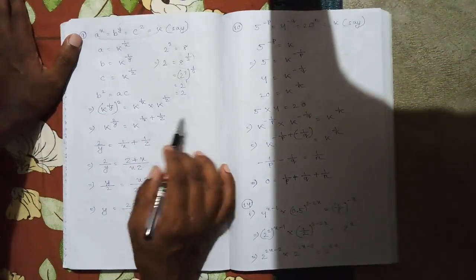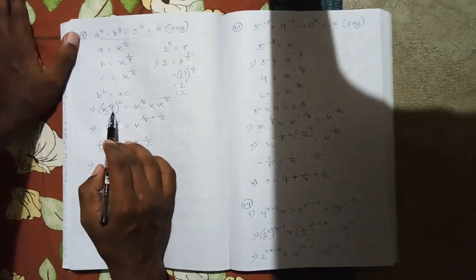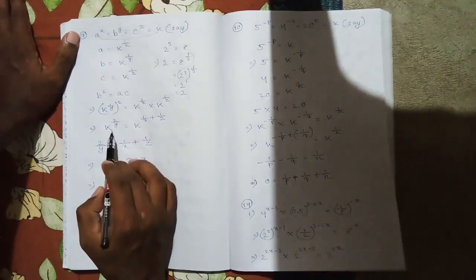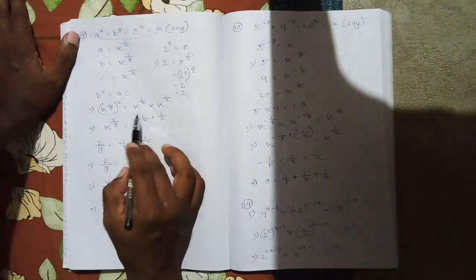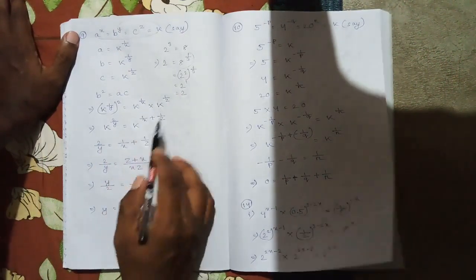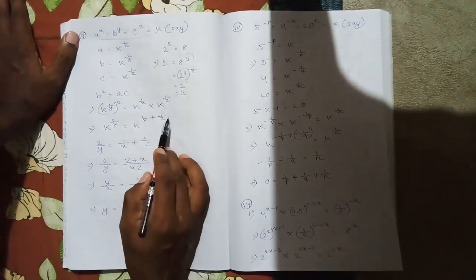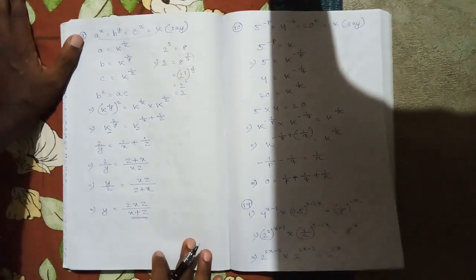Okay. Now forget a, b, c, simply focus on k. You can use the power law here. Powers will be multiplied. So k^(2/y) = k^(1/x) into k^(1/z). Base same, so we can use the product law here and add the powers: k^(1/x + 1/z). Now the base is the same, we can equate the powers.